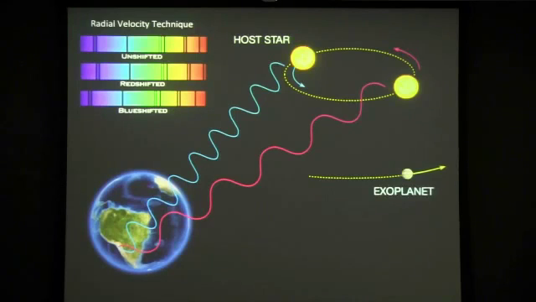And if we watch the star over time, we see all the lines in the spectrum of the star moving back and forth and back and forth. And the amount of the redshift and the blue shift and the time it takes for the lines to move back and forth tell us about the orbit of the star. And the orbit of the star tells us about the thing that's making the star orbit.